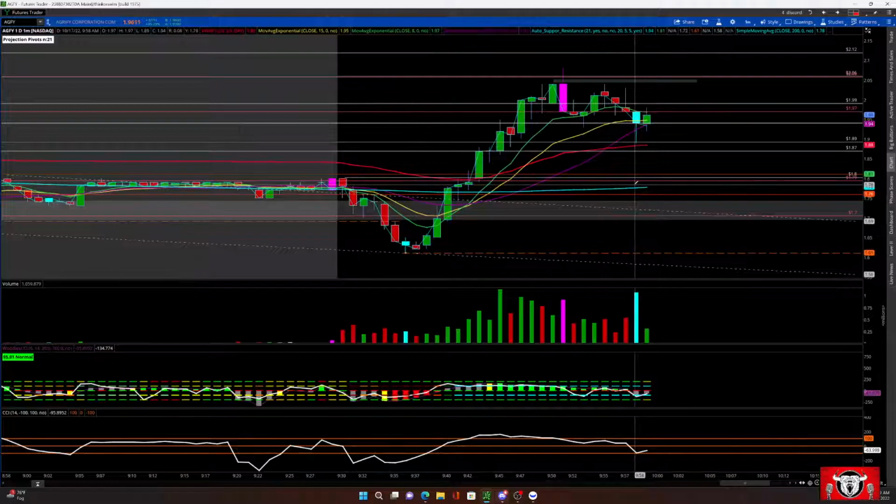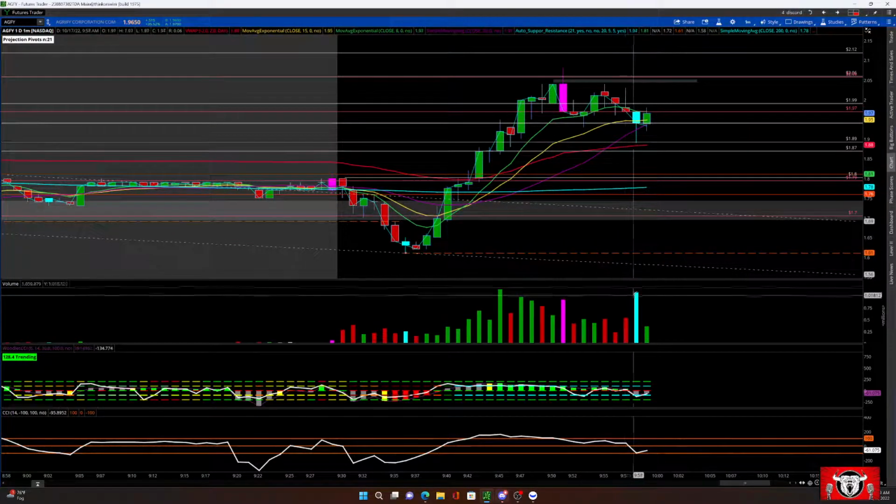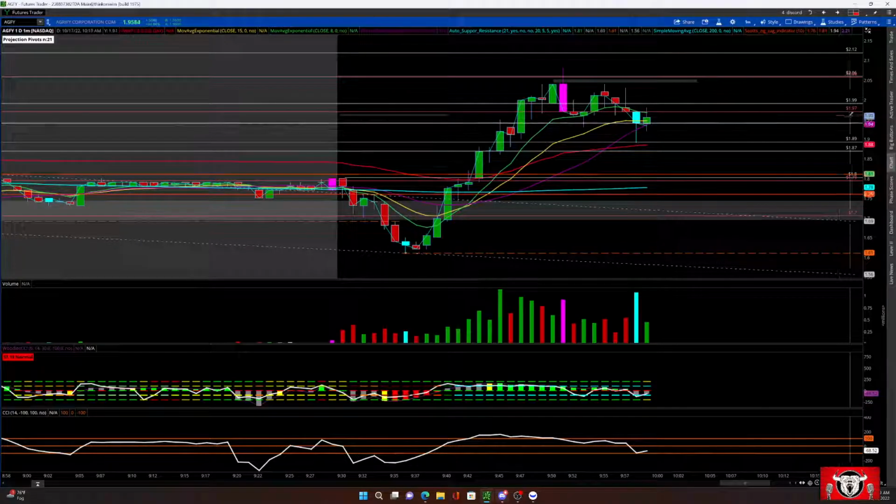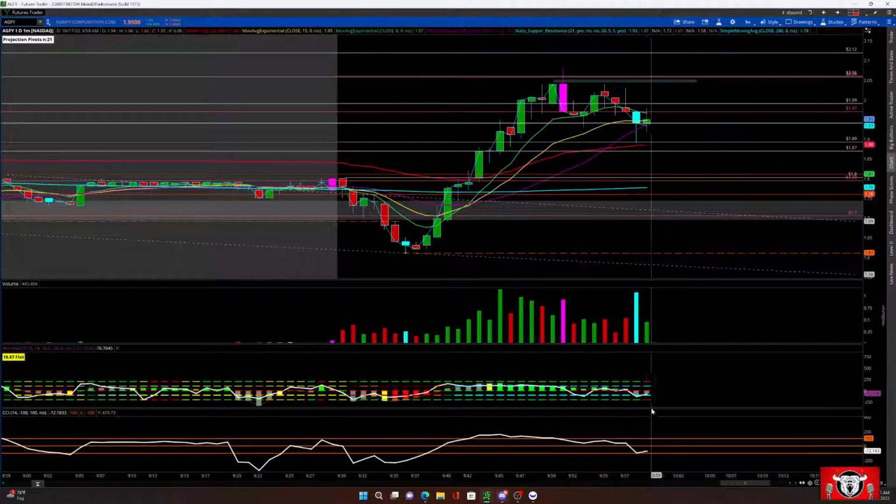We're above VWAP and the 200, so that's a bullish sign. Also a lot of volume on this candle, over 1 million. That hammer has 1 million. Wow. We hadn't seen that, so there's some volume on AGFI, so it's got some potential.